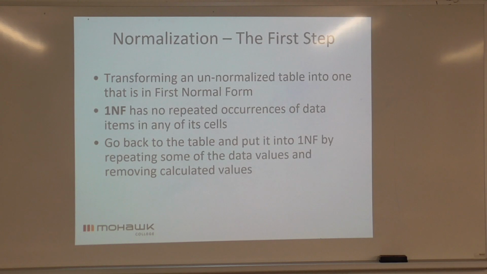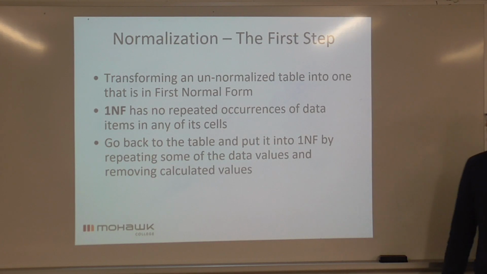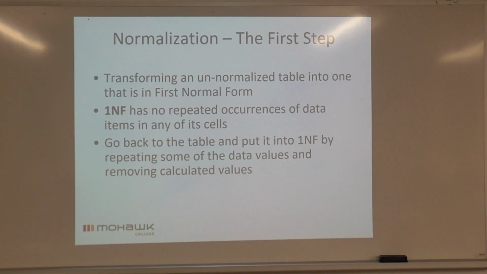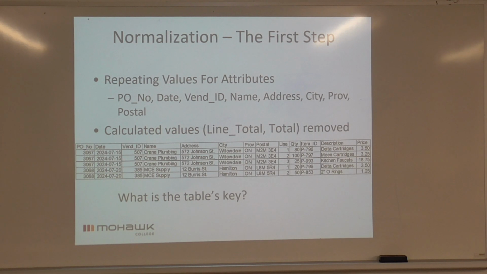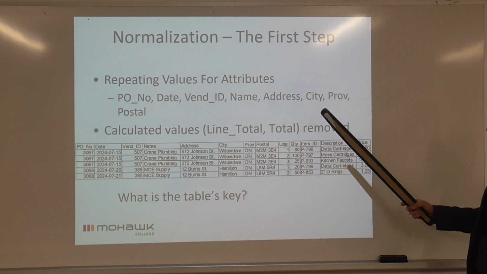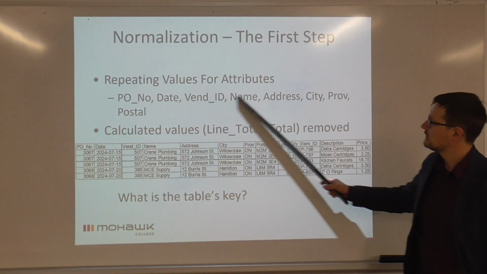First normal form has no repeated occurrences of data items in any cells. Precisely so. Very good. This is our result after having done that. Repeating values for attributes, all of those.